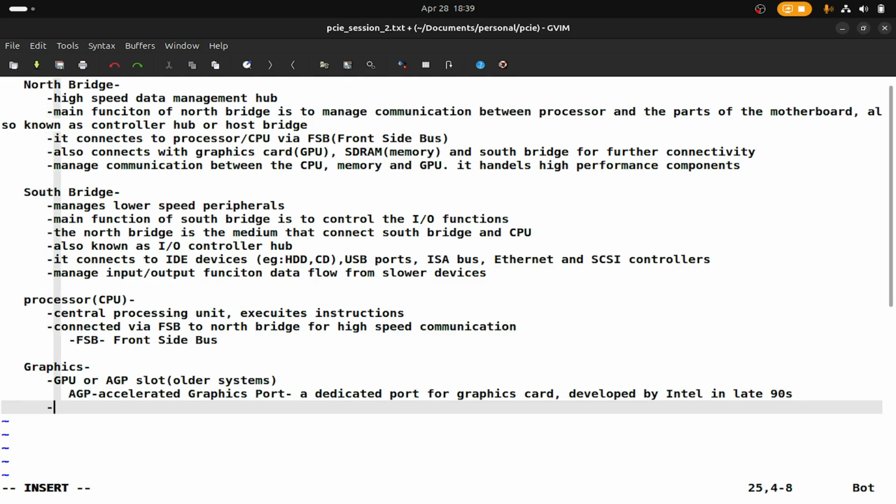Now coming to the main point, graphics is connected to the North Bridge to allow high speed data transfer for graphics rendering.